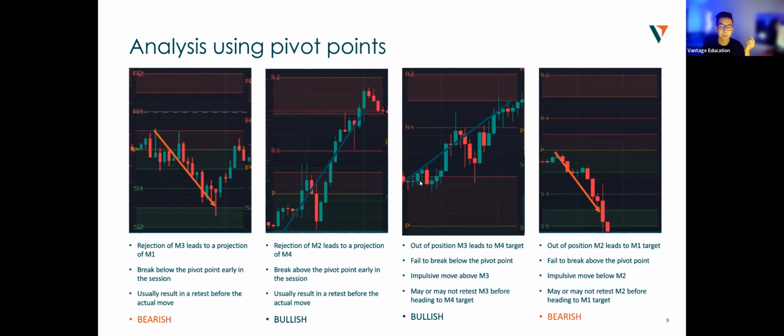This usually leads to the M4 target as well, or in most cases, it will actually lead to a break above the R2 to form a very bullish movement. Again, this may or may not retest M3. This is a very nice retest of M3, but usually when market sentiments are bullish, prices will not retest this level and instead move above your R2.